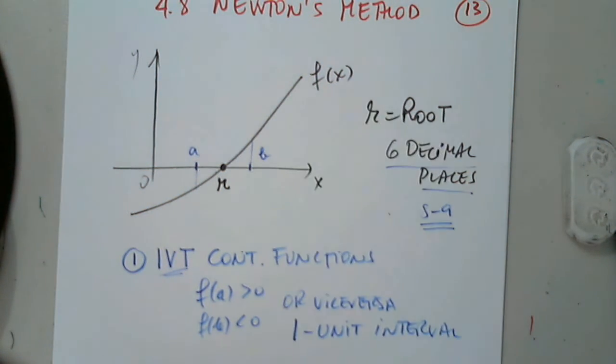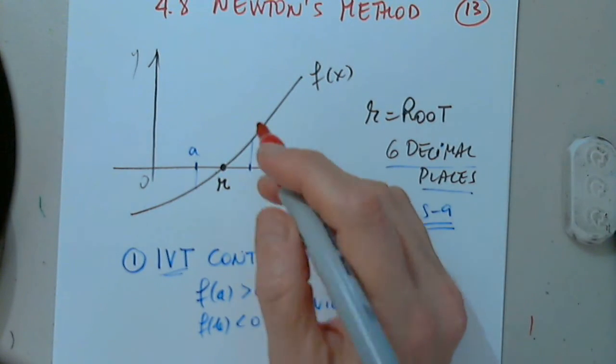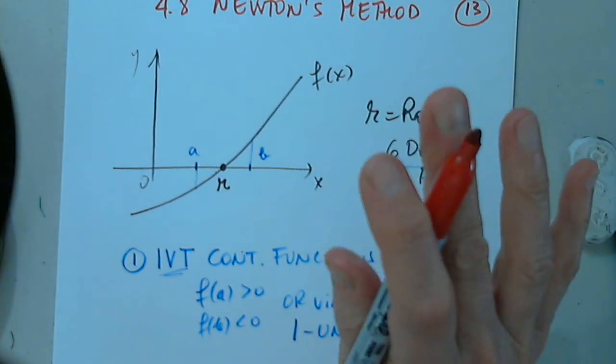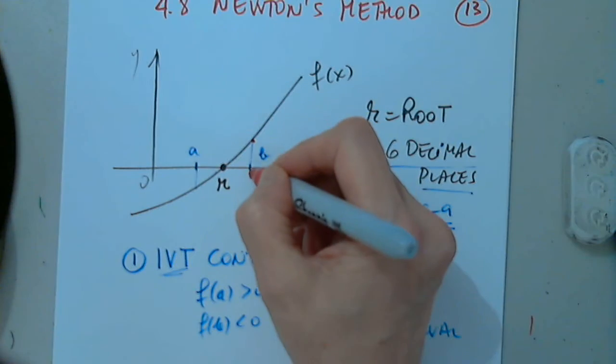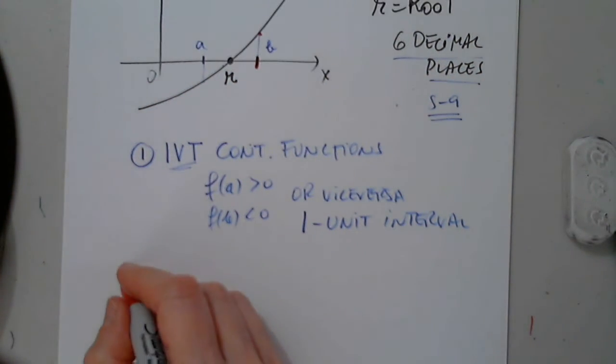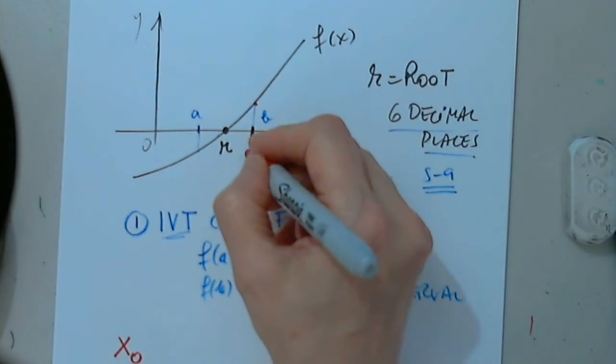What does Newton say? Newton says this: start with one or the other. There are some restrictions, but for now, start with one or the other. Okay, so let's say I start with this value. This is my initial value, x0.